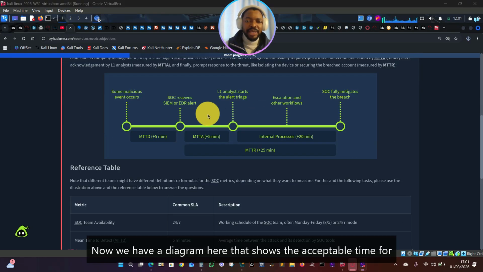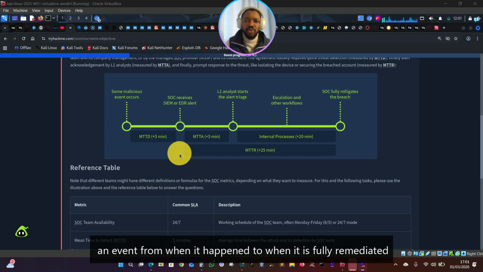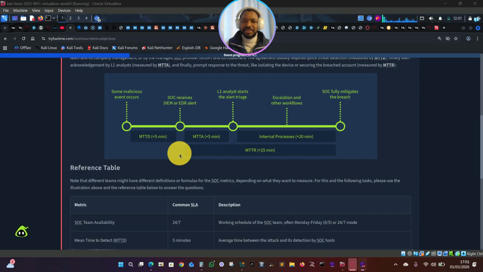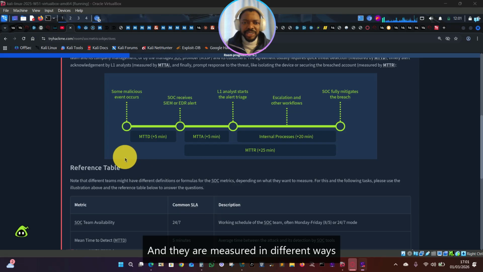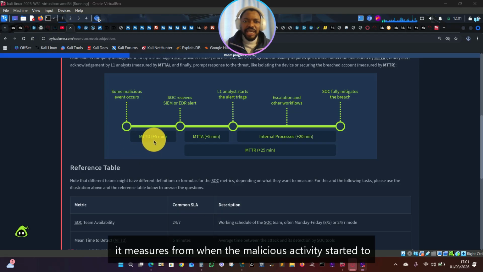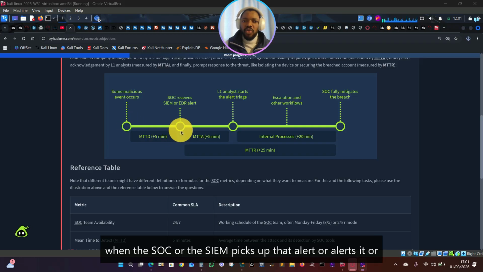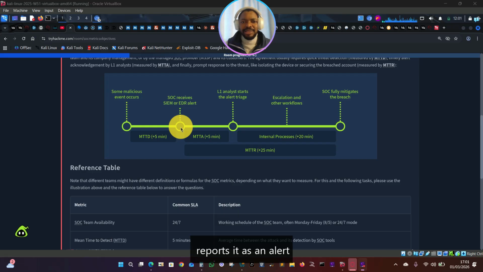Now we have a diagram here that shows the acceptable time for an event from when it happened to when it is fully remediated. And they are measured in different ways. MTTD measures from when the malicious activity started to when the SOC or the SIEM picks up that activity and reports it as an alert.